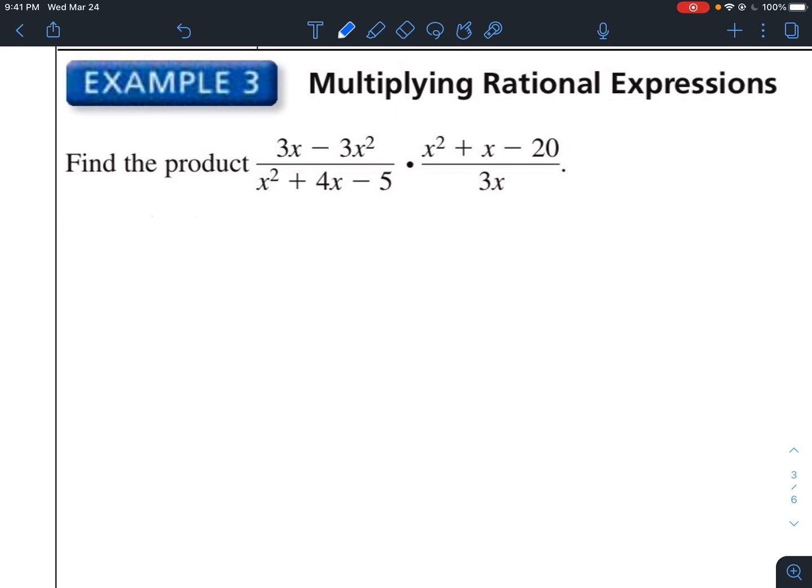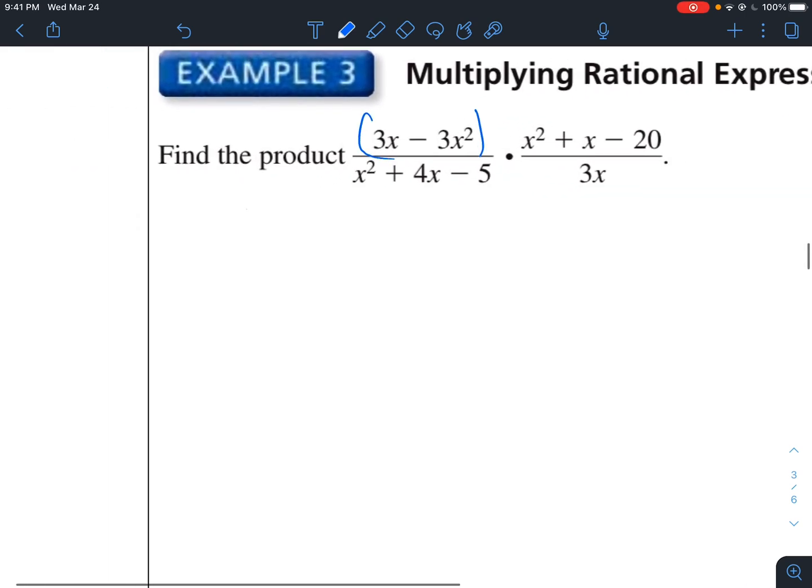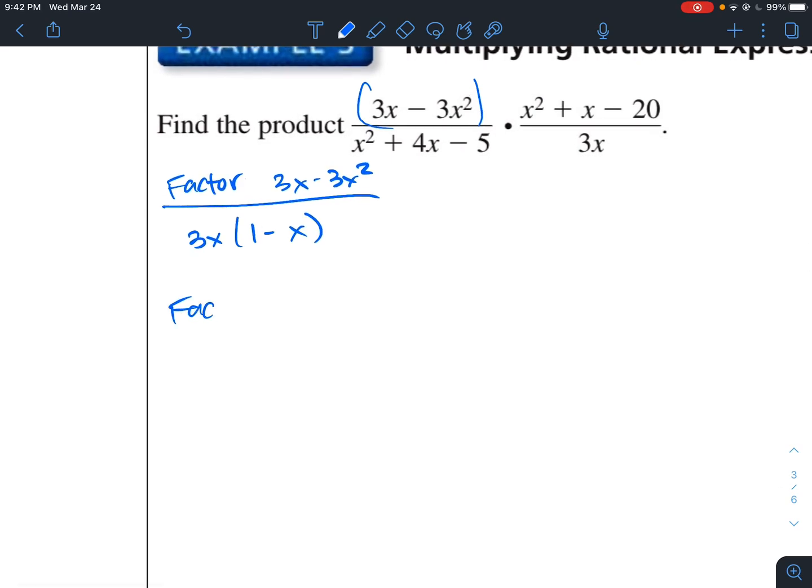Now, before I multiply, I am going to factor these. So I'm going to factor this part right here. When I factor 3x minus 3x squared, they both have a 3x in common. So when I factor that out, I have 1 minus x. And then I'm going to factor x squared plus 4x minus 5.